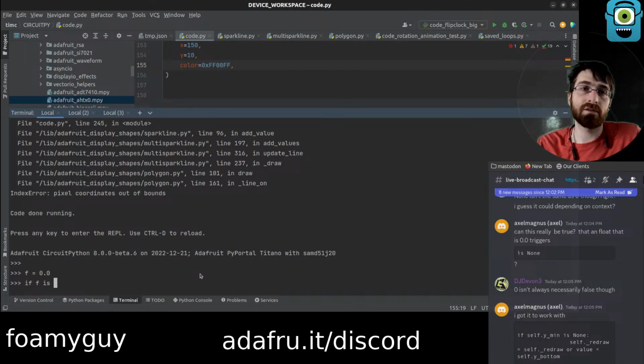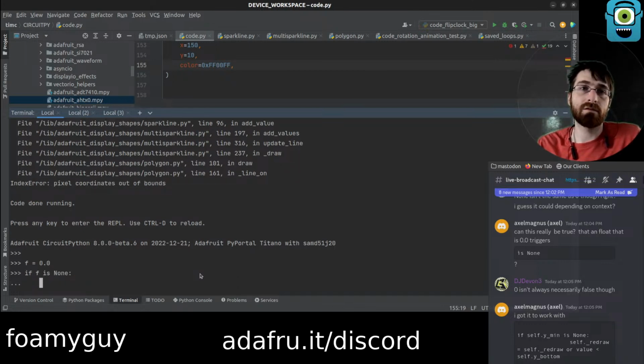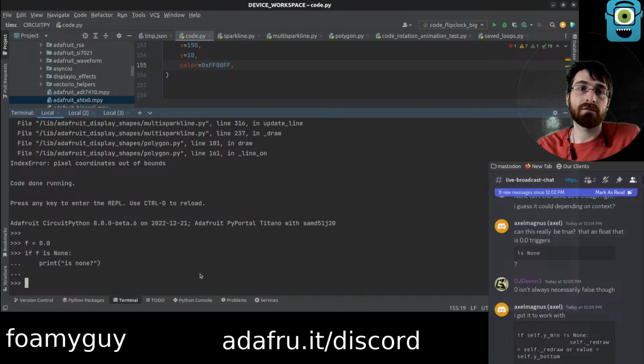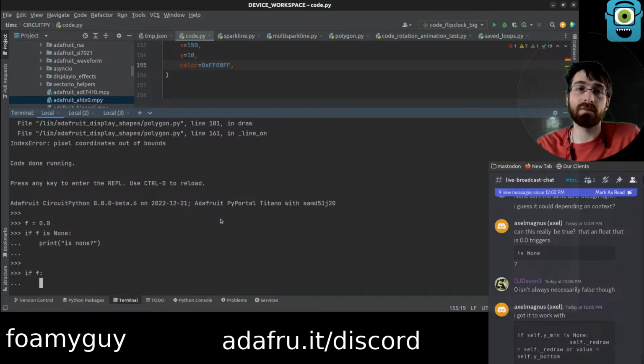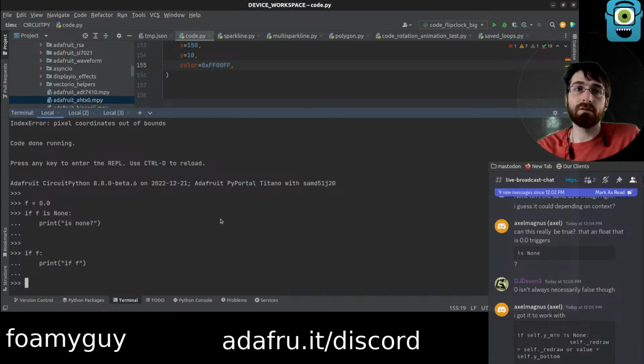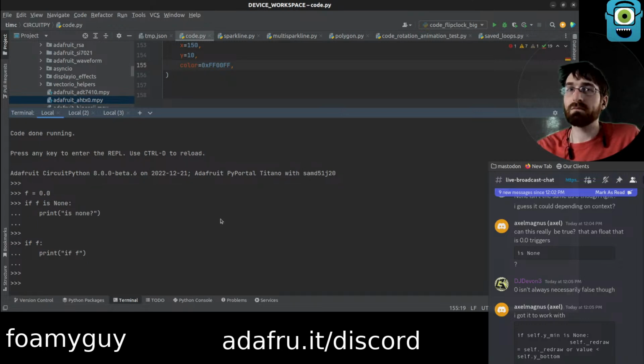0 if f. No, won't trip that. But if you do if f, if you leave out is none, well, it's also flopped, I guess. We'd have to go if not f, I suppose, because this evaluates to false because it's 0.